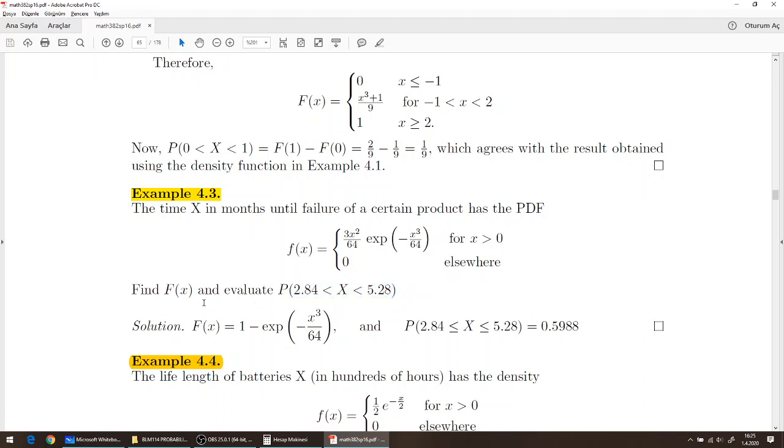We have to find uppercase F of x. It gives the solution, but not in detail. Let's solve it.